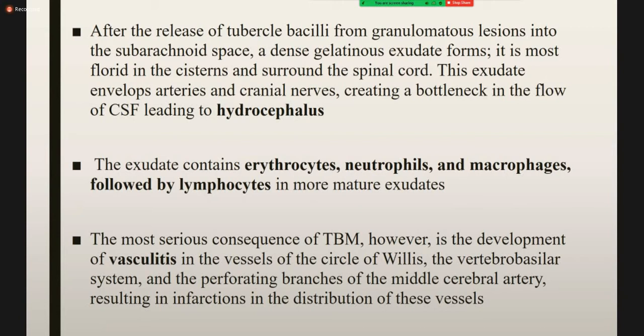Later on, after hydrocephalus, obstruction and raised ICP, the serious consequence of TBM is vasculitis of the vessels of the circle of Willis, the vertebrobasilar system, and perforating branches of the middle cerebral artery, in the form of ischemia and infarction in the distribution of these vessels.